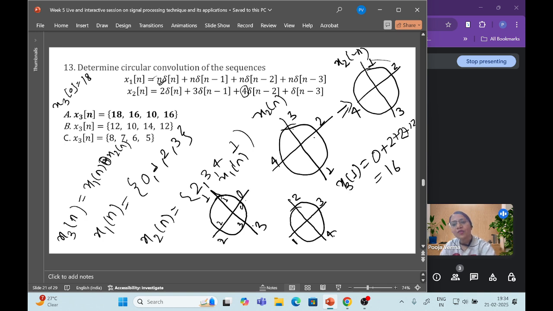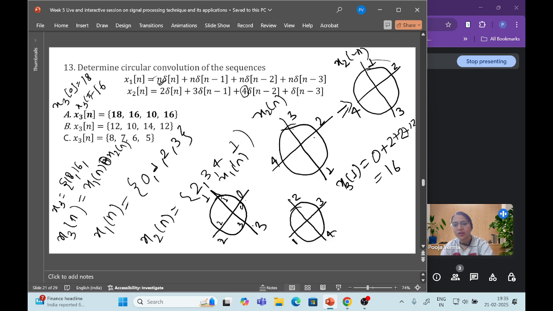So x3 of 1 will be 16. You can write it directly this way: at the 0 position it is 18, at the first position it is 16.